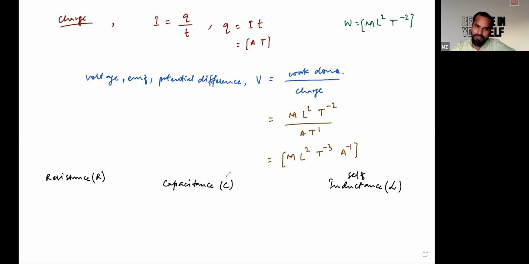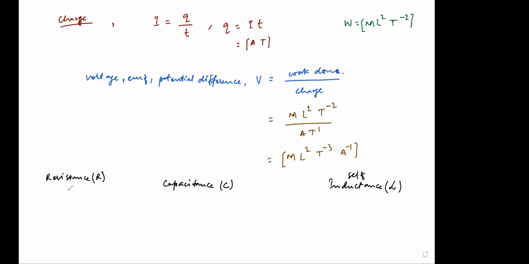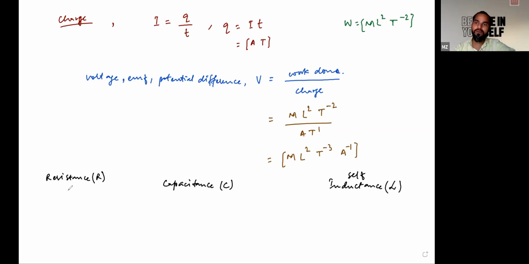So the tendency of storing charge is defined in terms of capacitance. And the last one, inductance, is the property of a coil to oppose variable current, likewise resistance, which has the ability to oppose charge flowing through it. So these are just the tendencies of different substances.